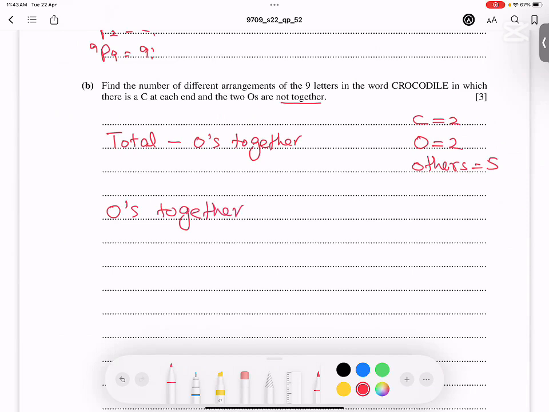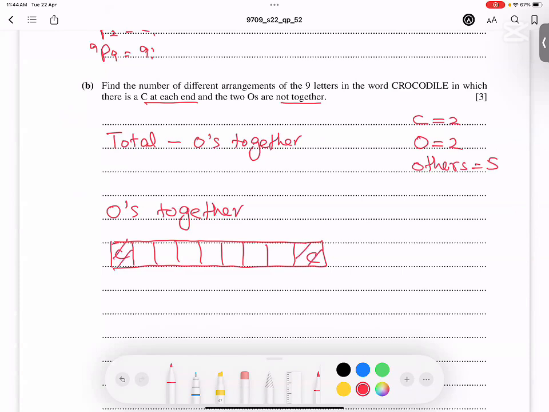Okay. What is the method to do this part? So have a look. So 9 boxes: 1, 2, 3, 4, 5, 6, 7, 8, so 8 lines, 9 boxes. He said C on each end. So C appears here, C appears here. They're blocked. Okay, very clear. All right.